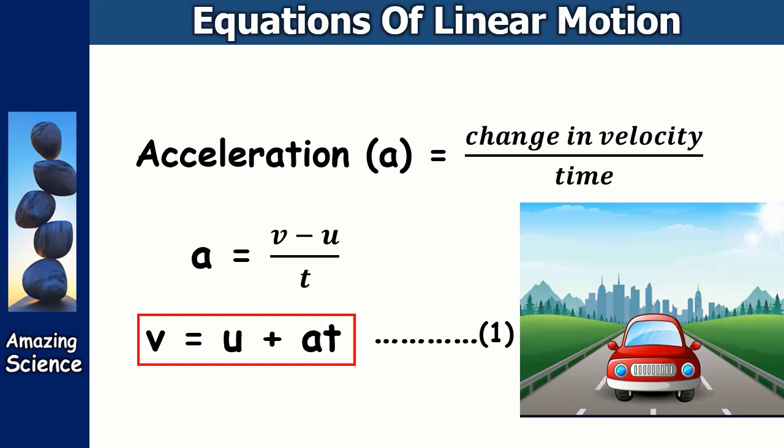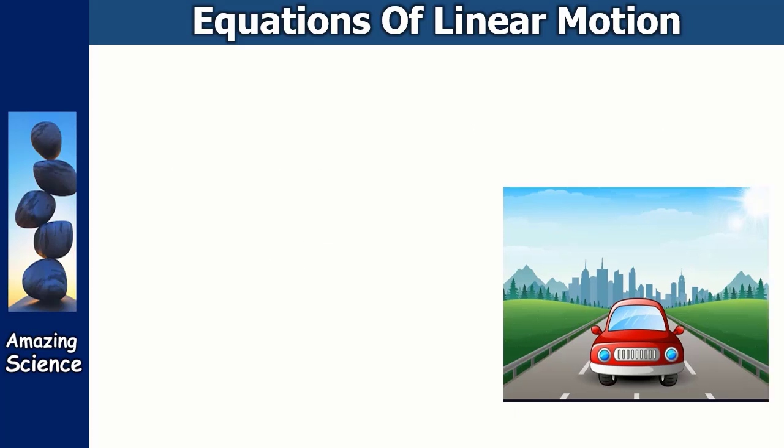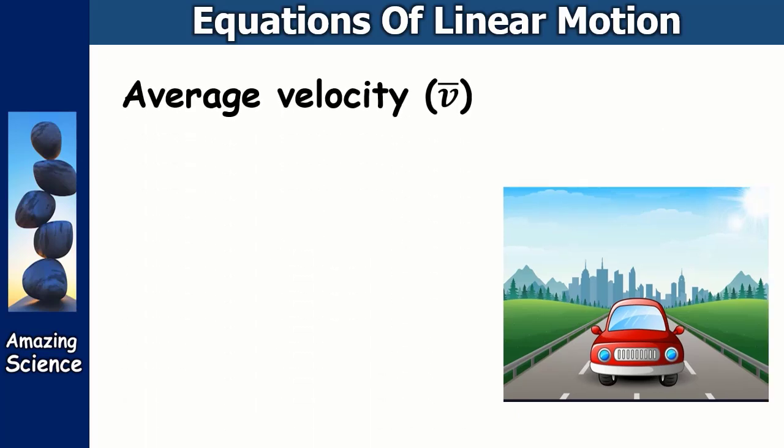Since the body had two velocities, that is the initial and the final velocities, we can find the average velocity of the body. To find the average velocity, we are supposed to add the initial velocity to the final velocity and divide by 2. So mathematically, average velocity v bar is equal to u plus v over 2.